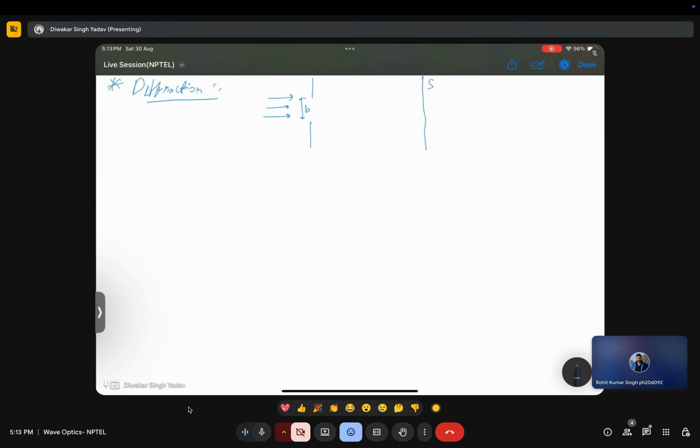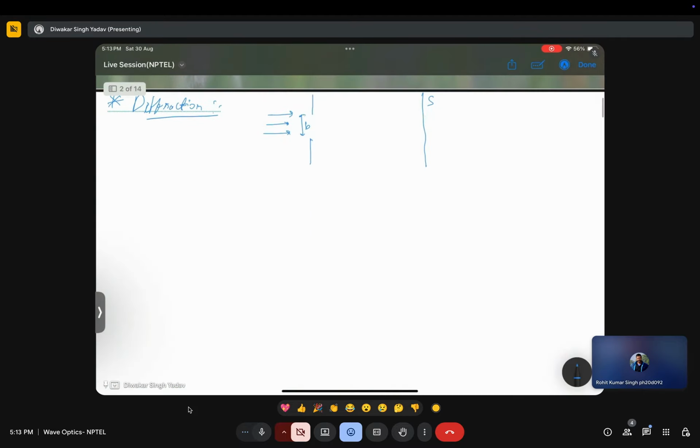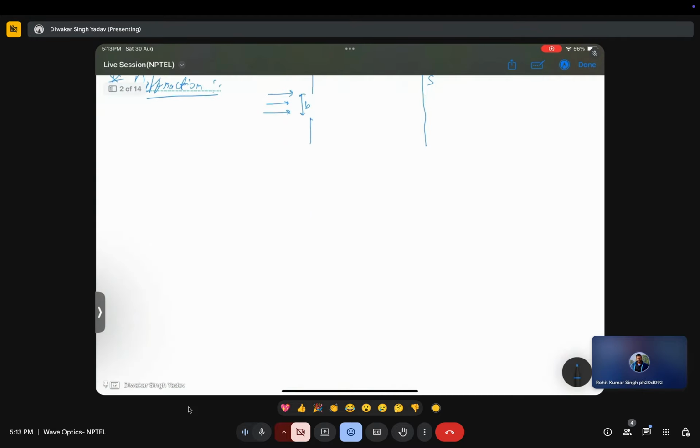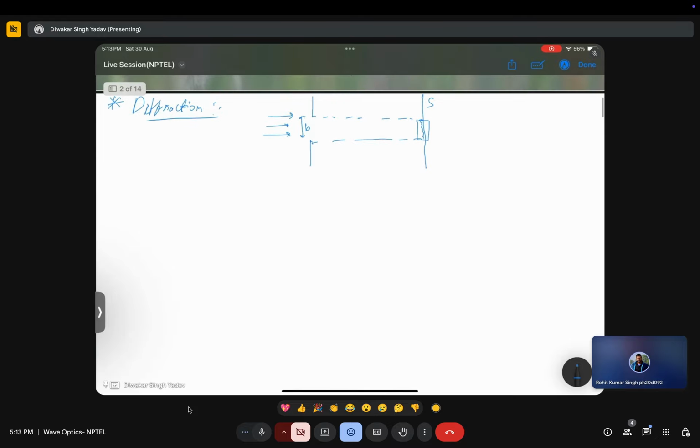What you would expect in daily life is that this part will be illuminated, and the rest will have shadows. This part and this part will be dark. That's what we expect, right?